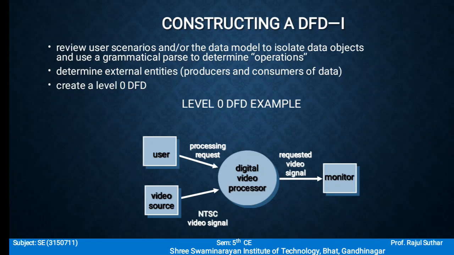So let us start constructing a simple DFD. The level 0 DFD of a digital video processor takes inputs like the user's processing request and the video source, which is an NTSC video signal.